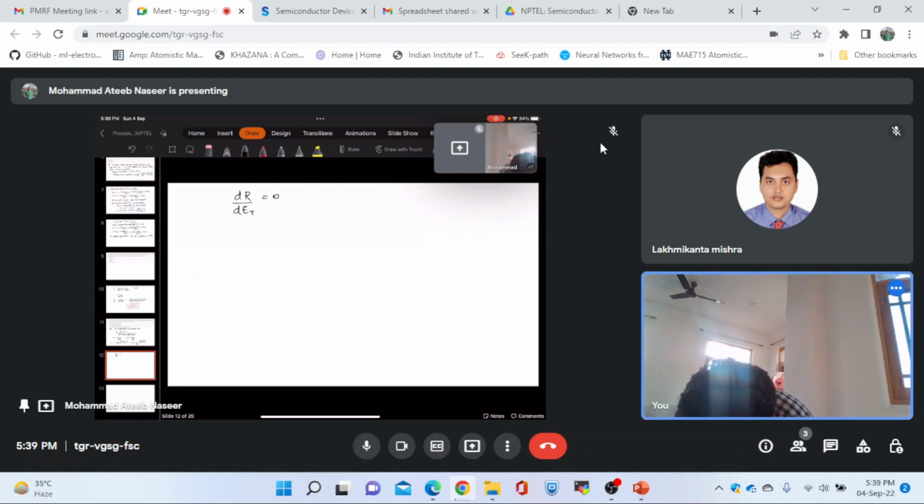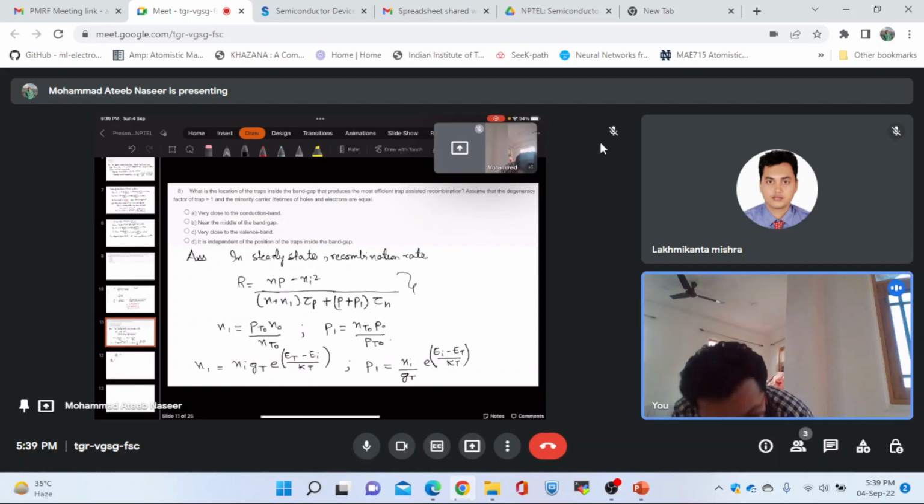So if I now write the expression for dR by dEt and use the u by v rule of differentiation, for the first term, this will simply be equal to 0 if I differentiate with respect to Et, because np and ni square are all independent of the trap level. But in the denominator we have n1 and p1 that are dependent on the trap level.